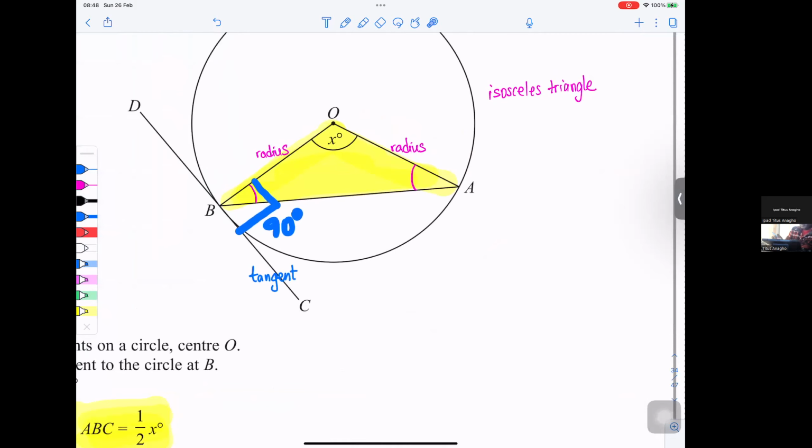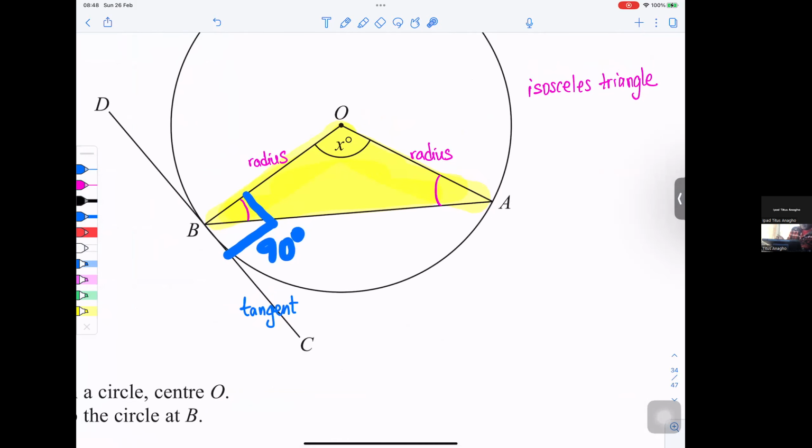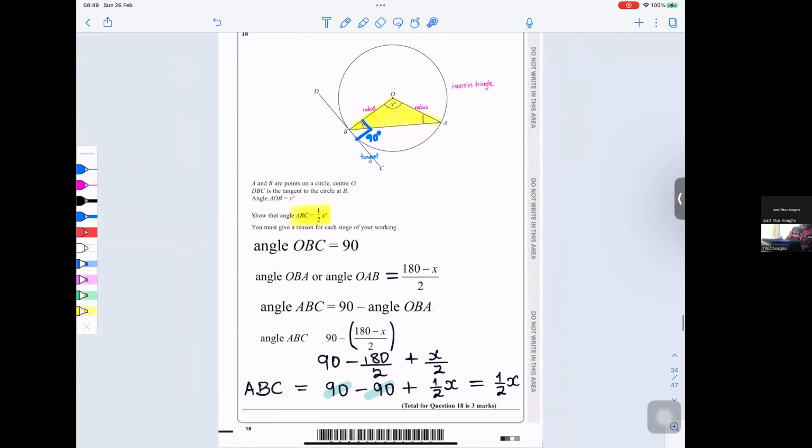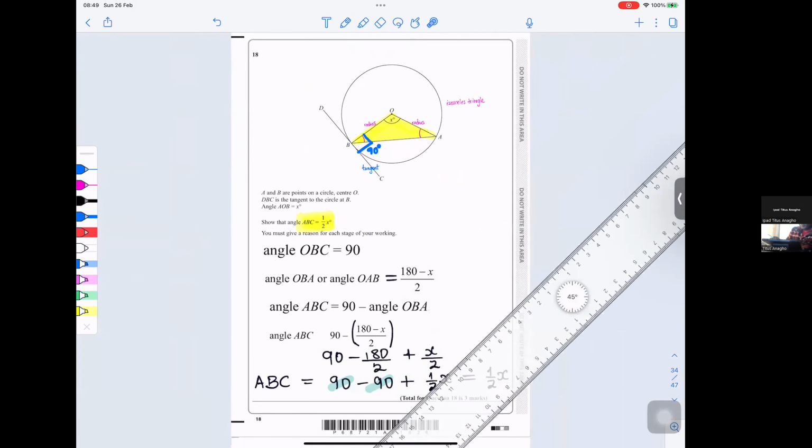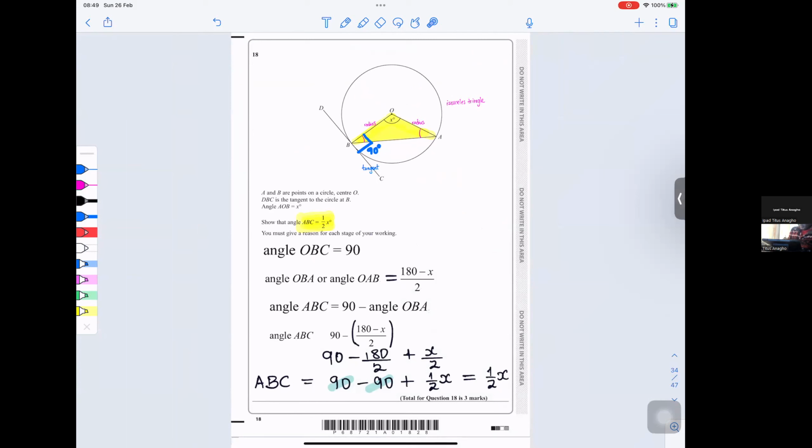So if I zoom in, angle ABC, which is this angle here, because all of this is 90, will be 90 minus this one, OBA. So angle ABC is 90 minus the angle OBA. I'll put some colors on it so that you can see.